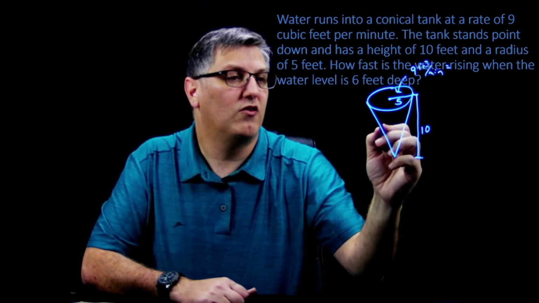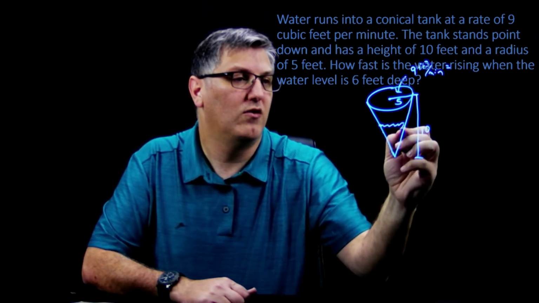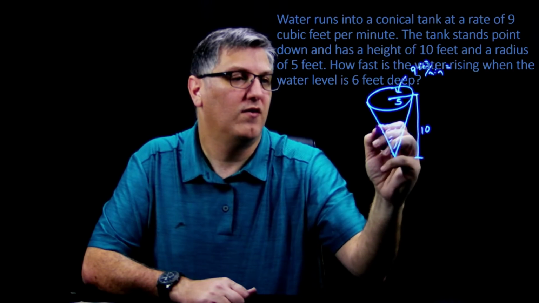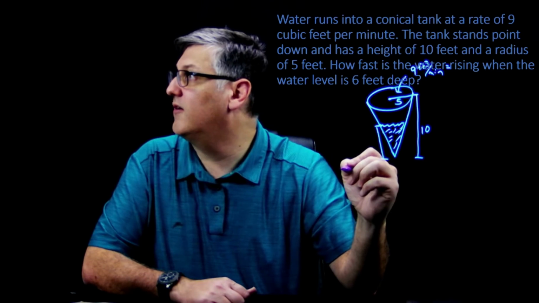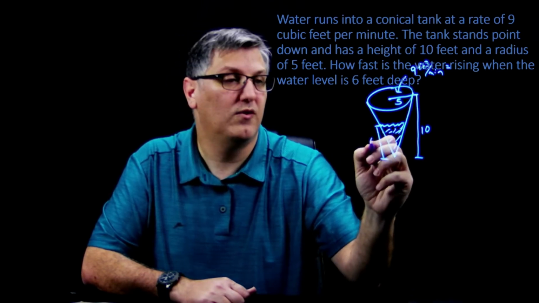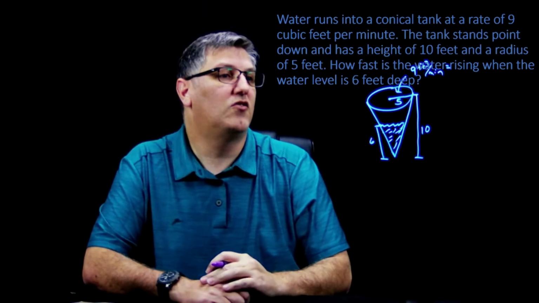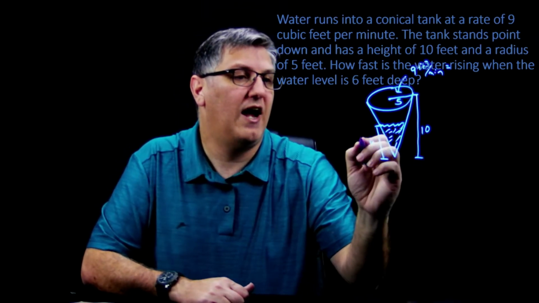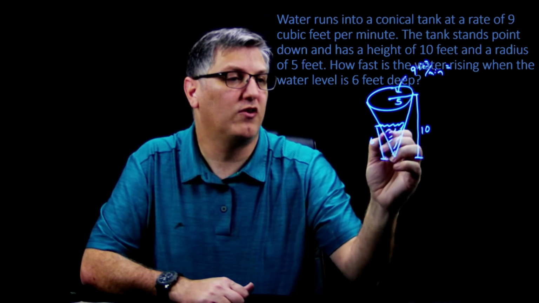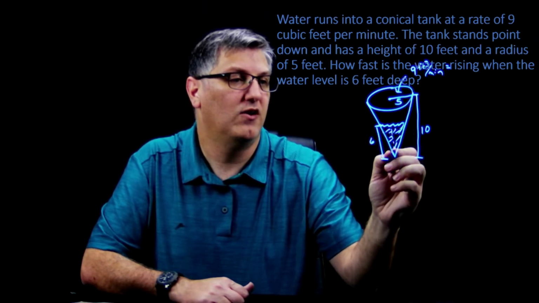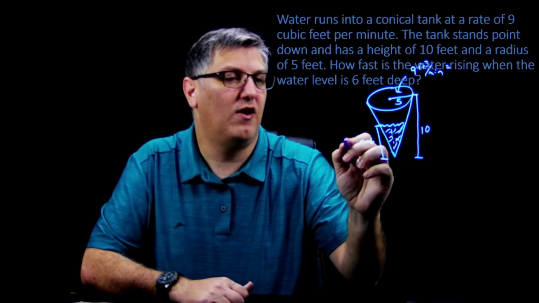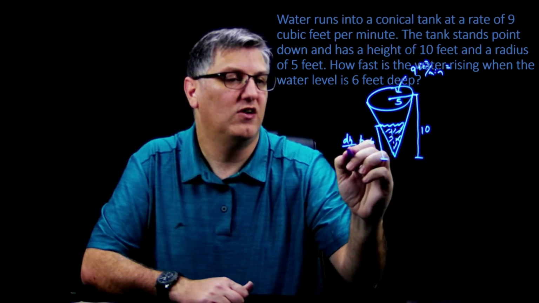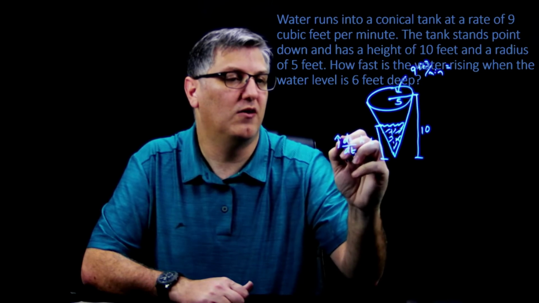And I know that somewhere in here, this part is going to be 6 feet deep. Okay, so let's call this part right here h. We need to know how fast dh/dt is going up.